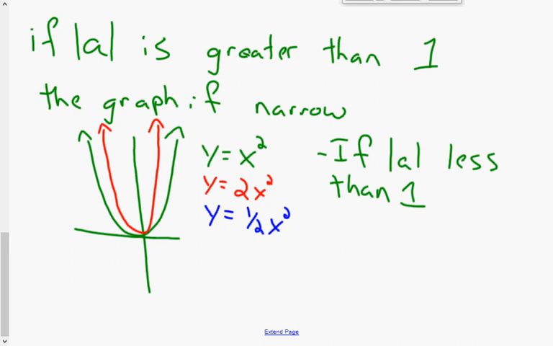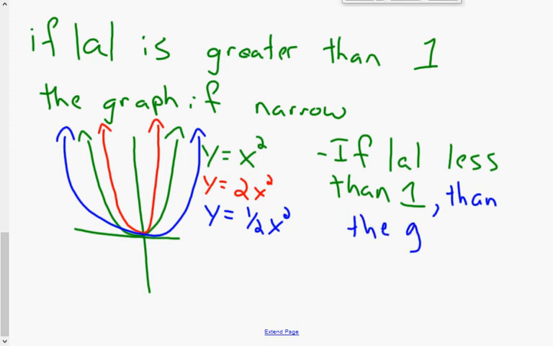It's going to be wider. Right, it'll be wide. Wider. Okay.